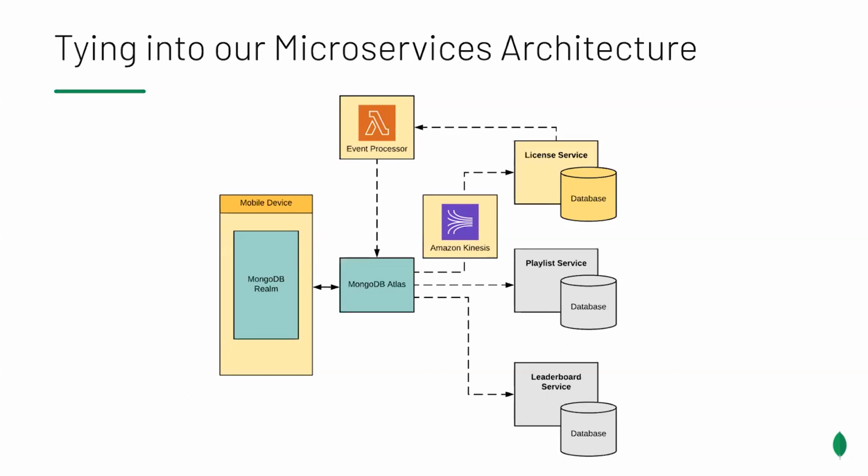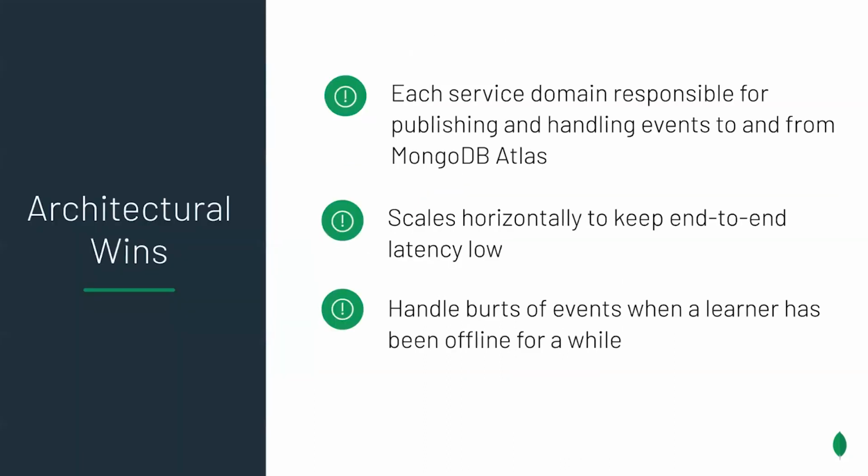Within its domain, it has components that consume those messages, update its source of record, and so forth. Furthermore, imagine off to the right, somebody goes onto their desktop and does something that's going to hit that license service. Now we have a stream coming out of the license service to an event processor that will be a Lambda. That makes its way into MongoDB Atlas Realm down to the device. Greatly simplified from our end.